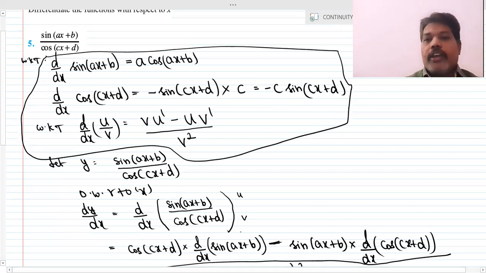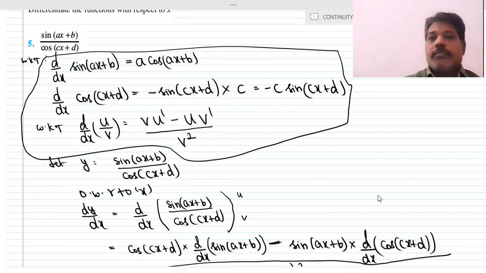So these are the three formulas we used here. See that question, students, and practice it.